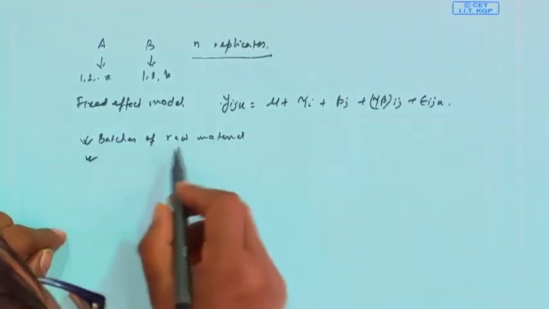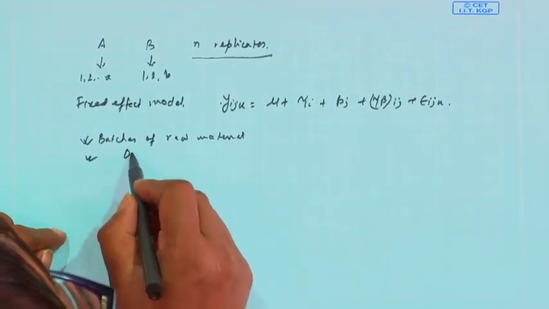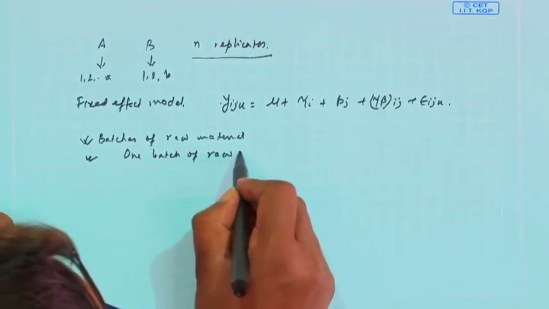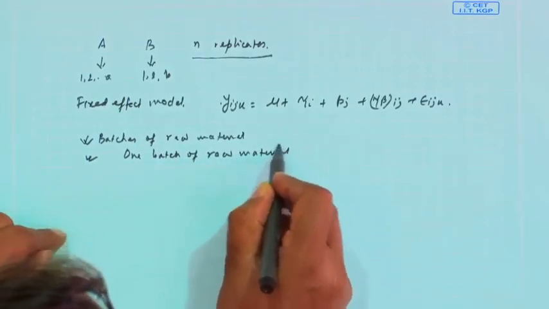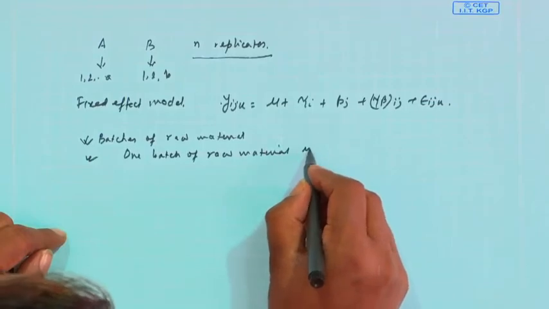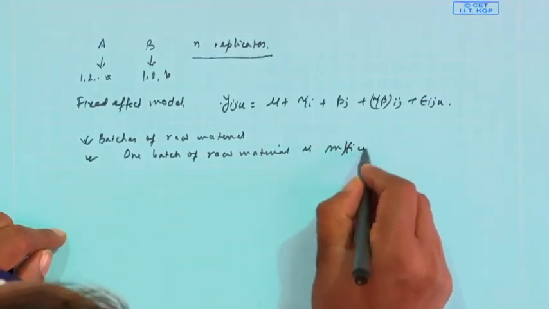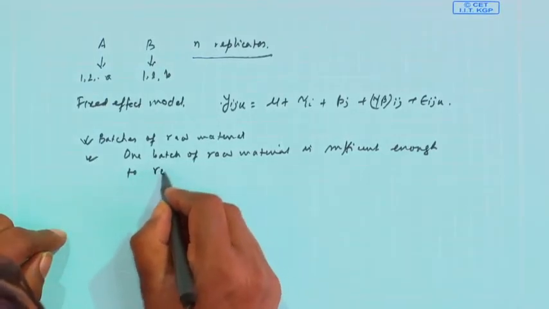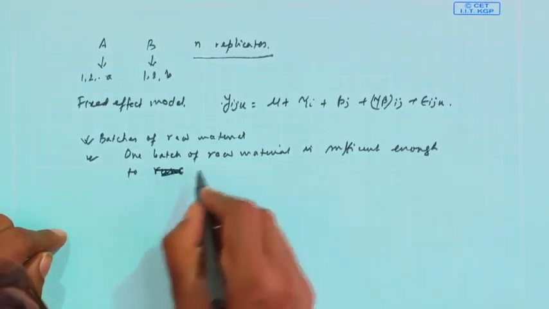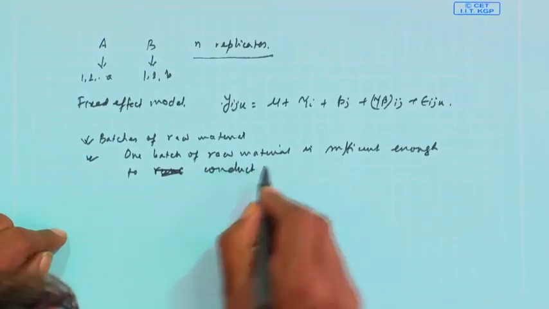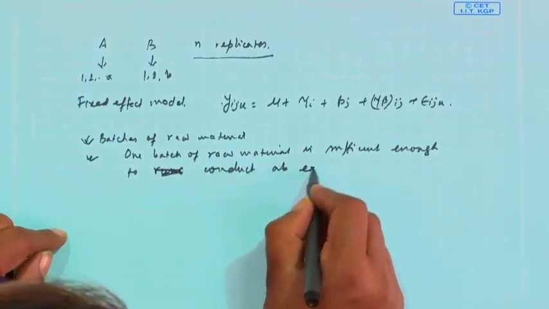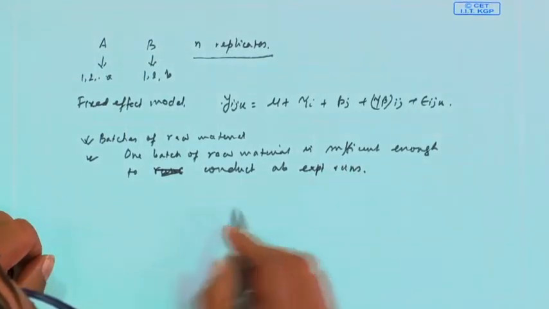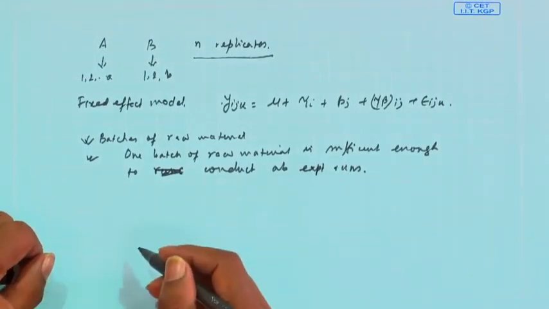Suppose one batch of raw material is sufficient to conduct ab experimental runs. As a result, what happened?